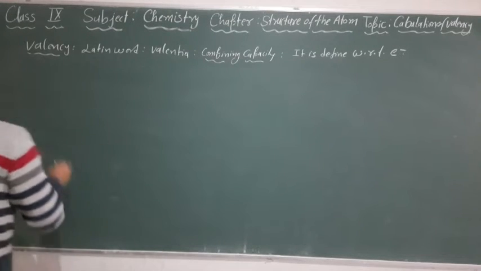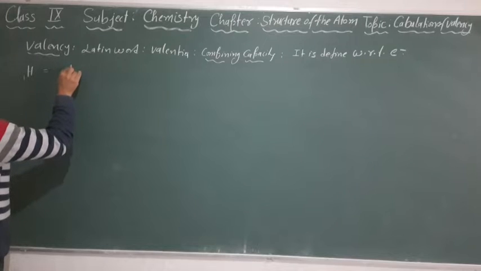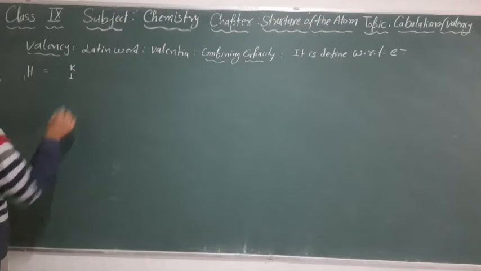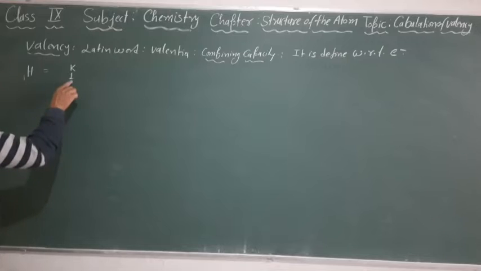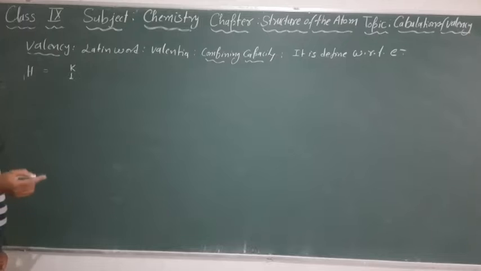Now the first element here is hydrogen. As we know, the atomic number of hydrogen is 1. First of all we have to write the electronic configuration. K shell has 1 electron, means it has 1 electron in its outermost shell, only one shell, that is the outermost shell, and the outermost shell is known as the valence shell.